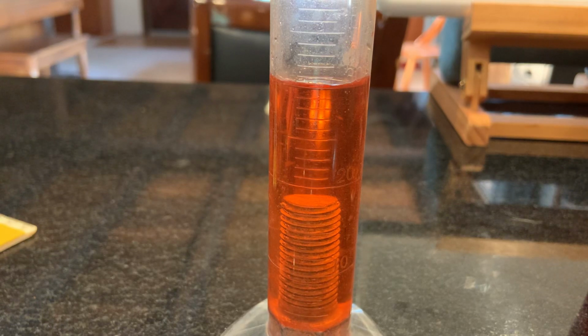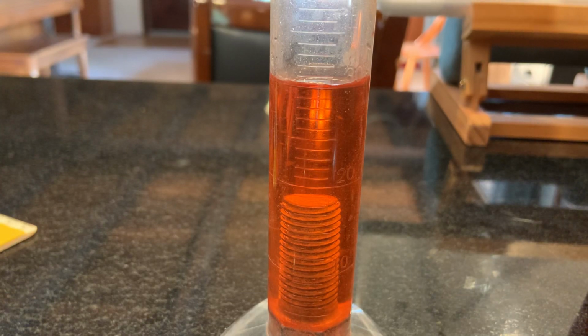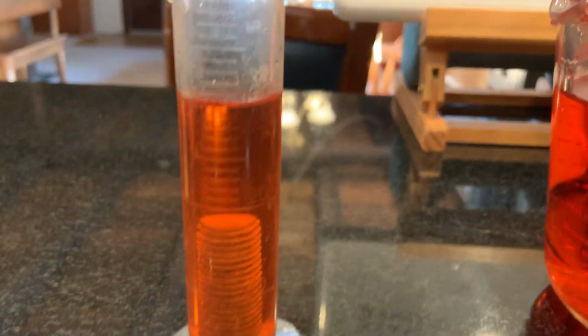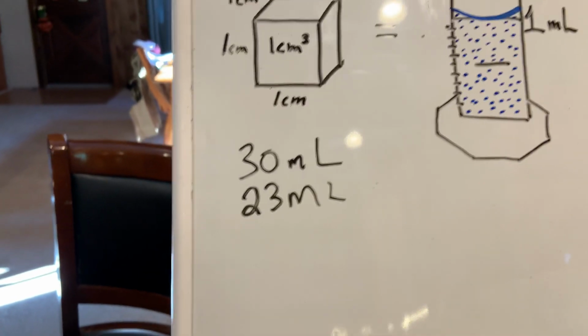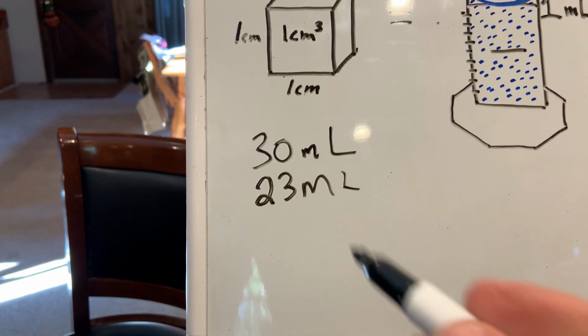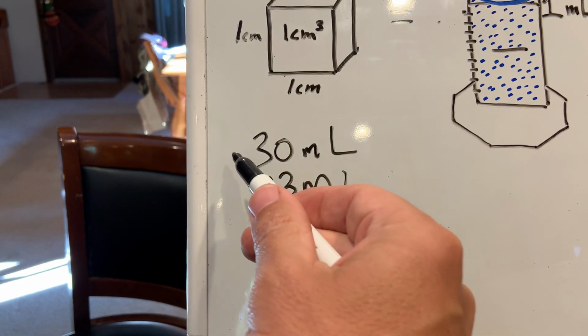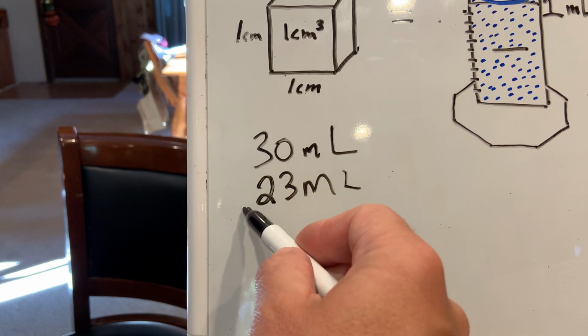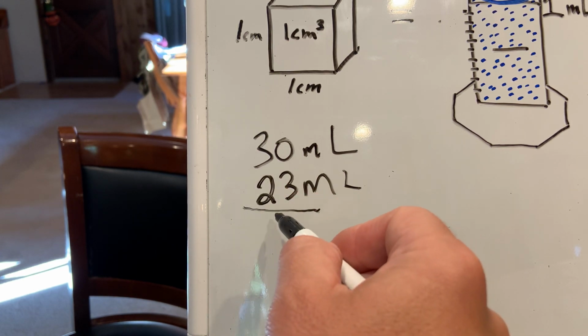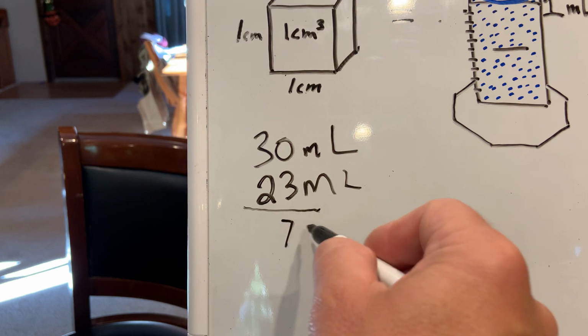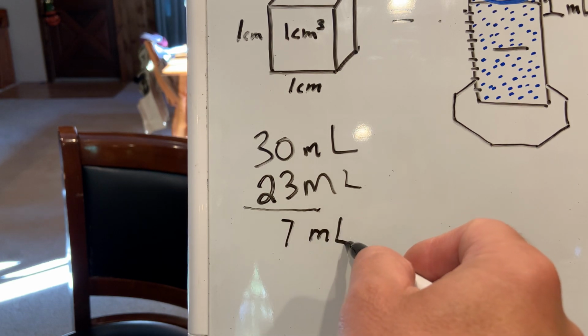So we had an initial measurement of 23 and a final measurement of 30. When you look at a data table, I always write my initial measurement on the bottom, and then I write my final measurement on the top. So all I have to do is do a quick calculation, and this is going to be 7 milliliters.